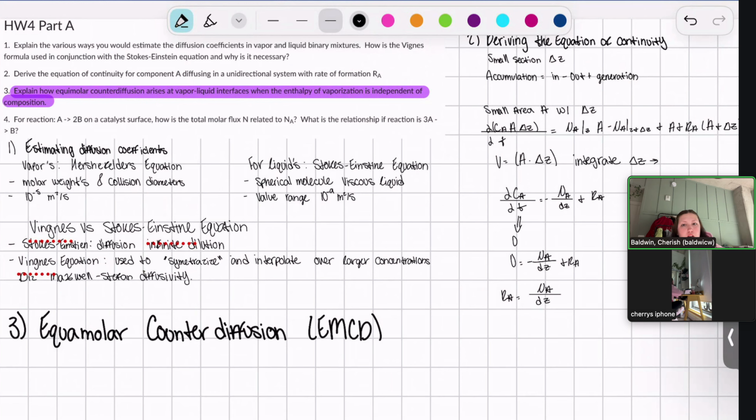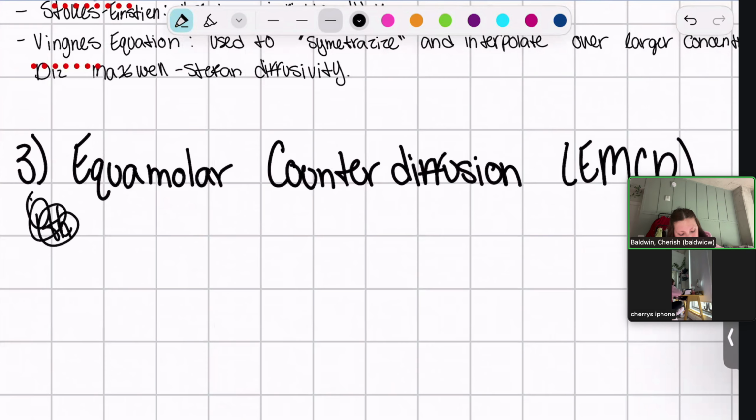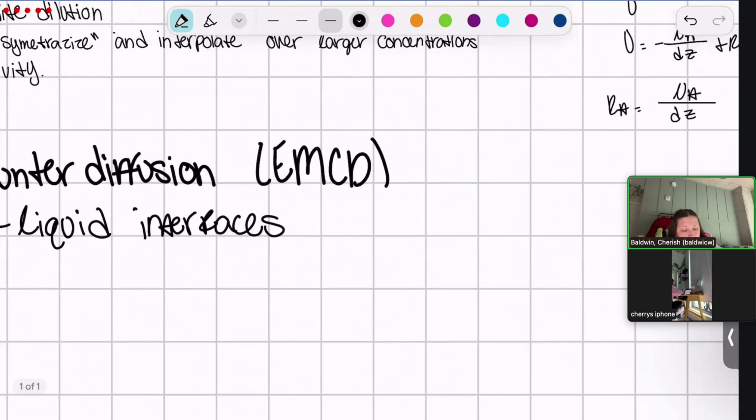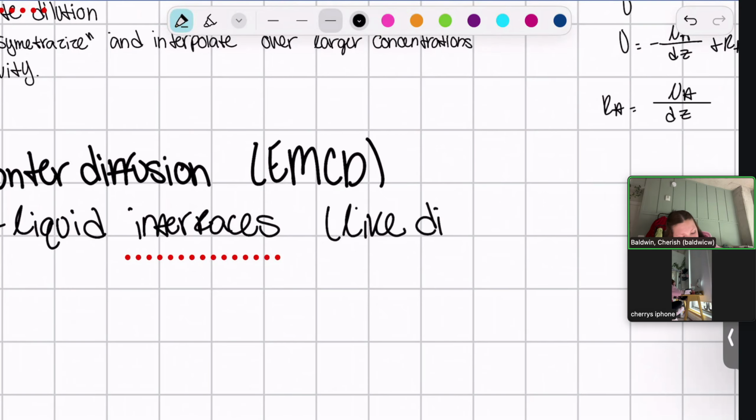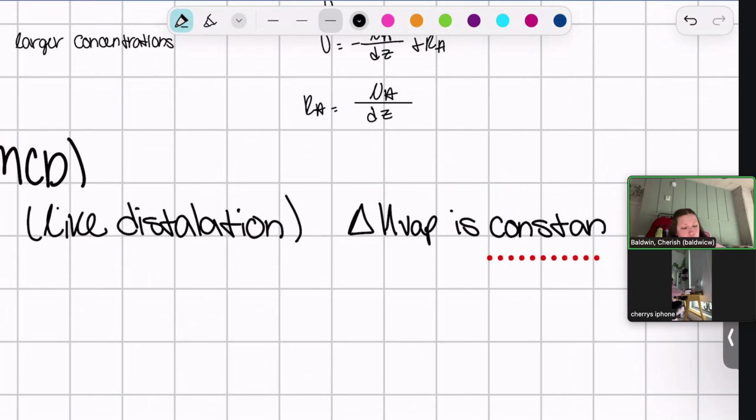So now I'm going to explain how equimolar counterdiffusion arises at vapor-liquid interfaces, like distillation, when the enthalpy of vaporization is independent of composition.